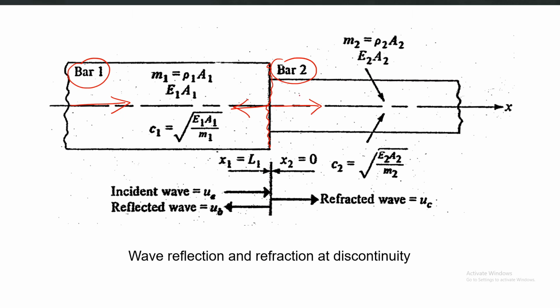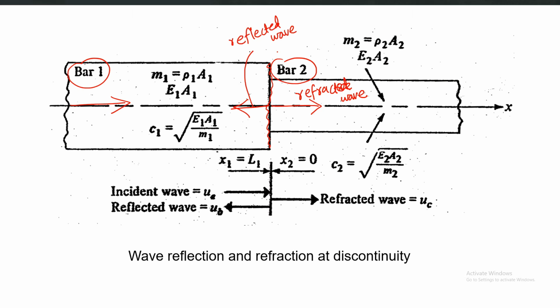That will be the refracted wave, and this one which comes back will be the reflected wave. Please note that these waves are one-dimensional waves. We are only talking about one-dimensional waves.